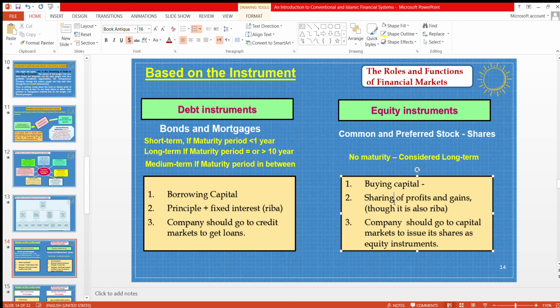But for preferred stockholders, if the company faces loss, the company is bound to pay profit to the preferred stockholder. That is why there is no space for preferred stock in the Islamic financial or economic system. But common stock is allowed in the Islamic financial system if the company is running its business on the halal side. The next one: the company should go to the capital market to issue its shares as an equity instrument. For the equity instrument, they will go to the capital market to issue their equity instruments.